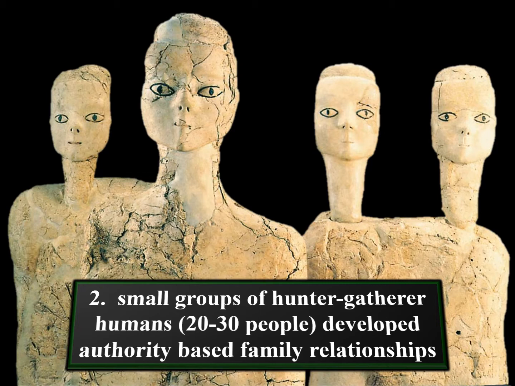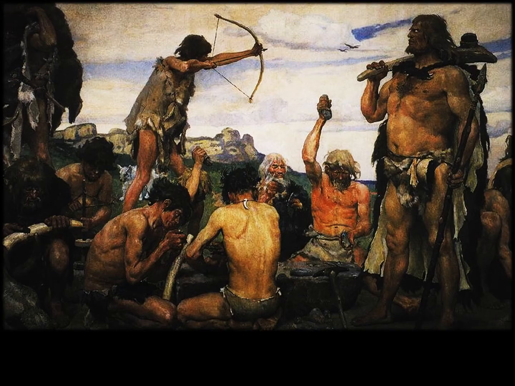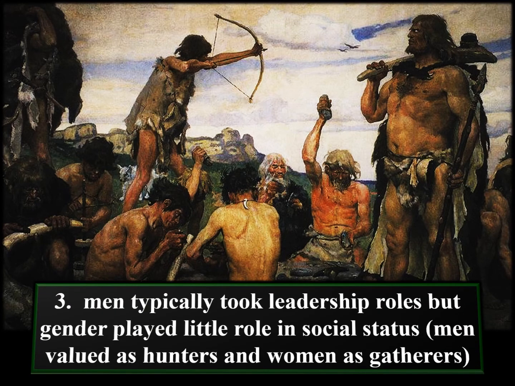Sometimes these are called kin relationships. Men typically took leadership roles, but gender played little role in social status. Men were valued as hunters, and women were equally valued as gatherers of the natural foodstuffs that grew in the wild.